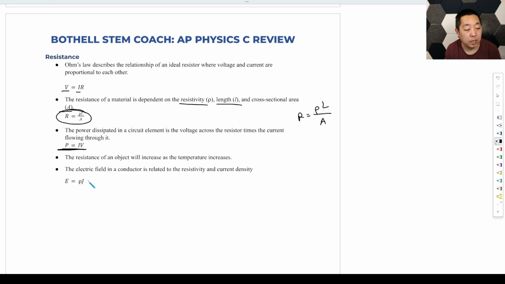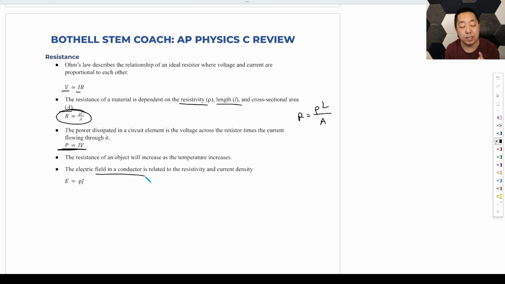And in terms of the current, the electric field in a conductor. One thing to keep in mind is that when we are applying a voltage across it in a circuit, we are no longer in electrostatic conditions where the electric field is zero. There is definitely an electric field. It's pushing the charges along. That's why the charges are moving. So the electric field is not zero anymore because it's not electrostatics.